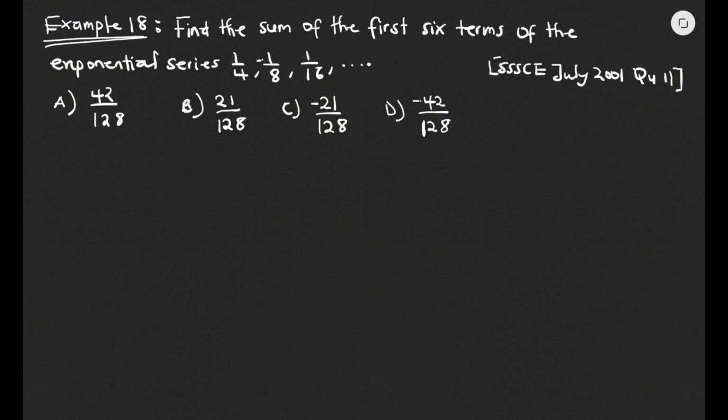Okay, so this is the SSC July 2001 question number 11, and the possible answers given to us are 42 on 128 as option A, option B is 21 on 128, option C is -21 on 128, and option D is -42 on 128.